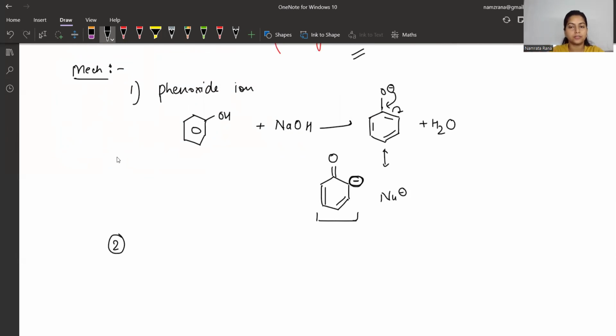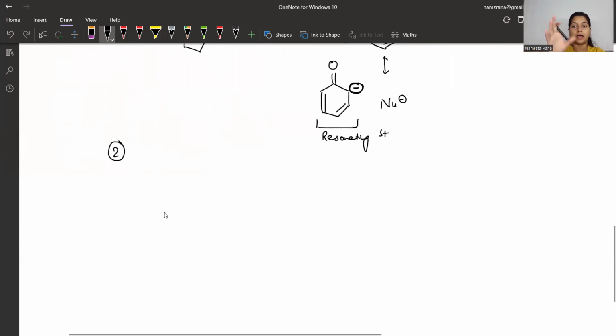Then, after phenoxide ion is formed, we have shown the resonance in phenoxide. This is one of the resonating structures of phenoxide ion, right? Second step is the formation of electrophile, which will attack on this resonating structure. I should say, second step is the generation of electrophile.